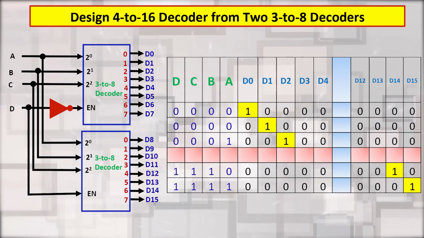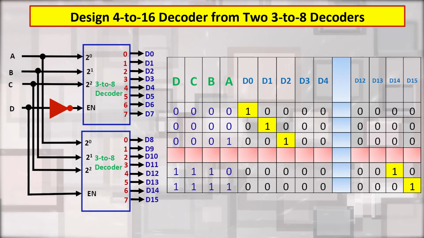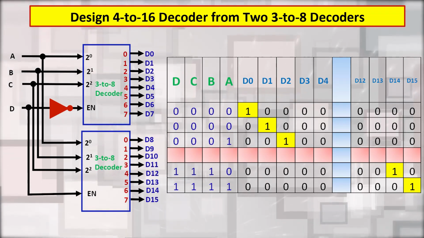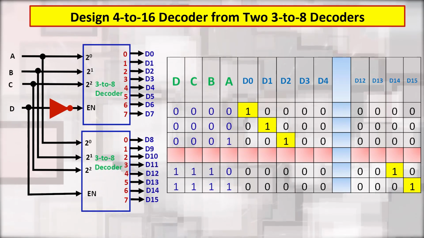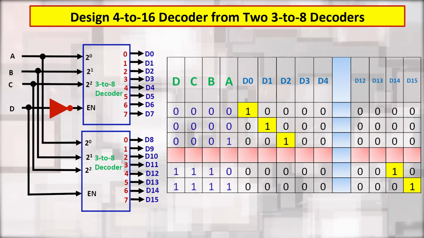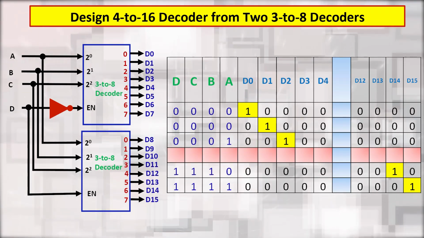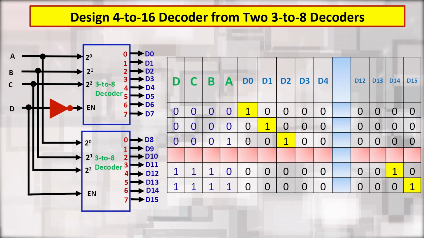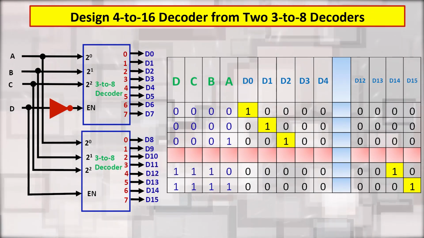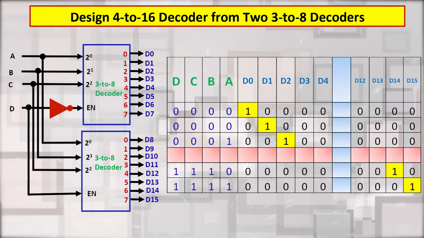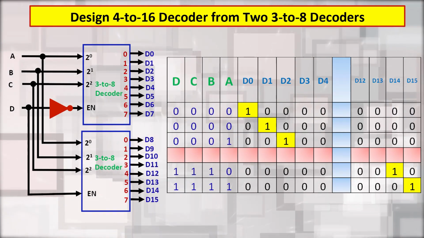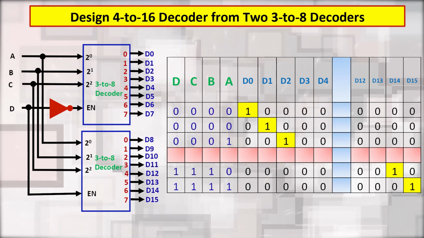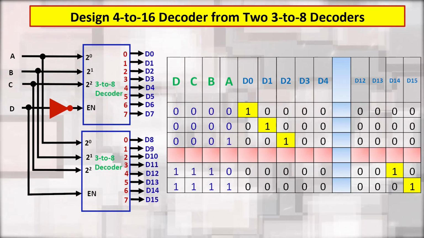So, according to whatever the 4 inputs are, the one corresponding output will be activated. Suppose we have all the inputs A, B, C, D as 0, 0, 0, 0. So, from the first 3 to 8 decoder, the D0 output will be at logic high.